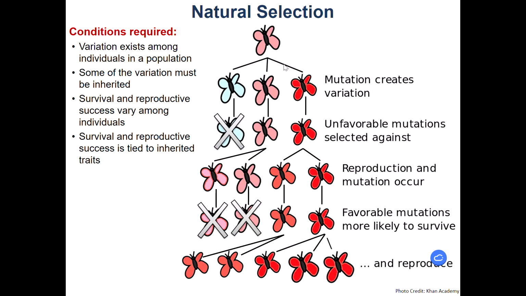There's no more blue, so the pink butterflies stick out way more than the red butterflies on the red flower. So only the red butterflies survive and reproduce, and over time, we went from having pink butterflies to red butterflies because there are unfavorable conditions in the environment that allow some organisms to survive better than others.